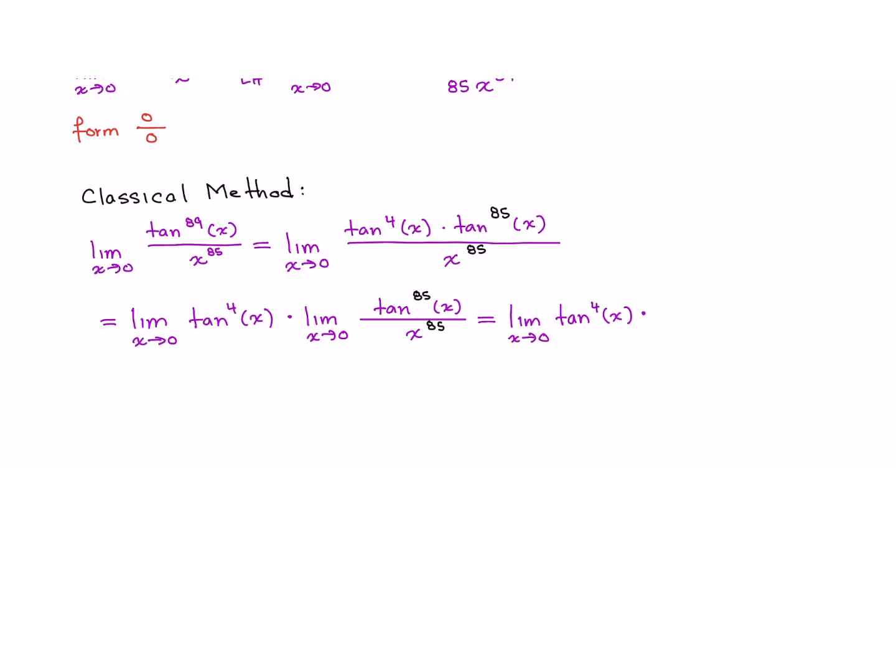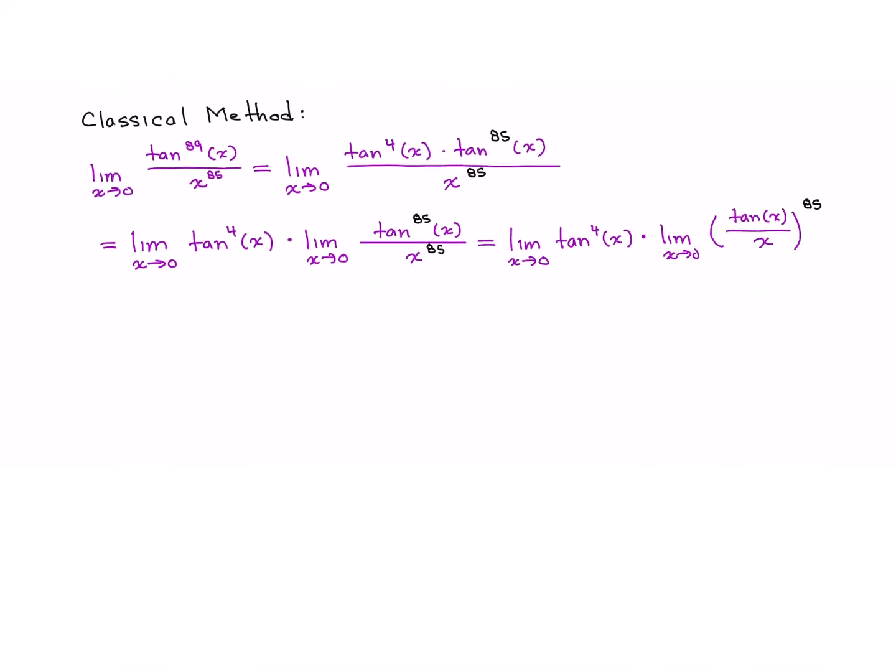All right, now that these exponents are the same, I'll do it in 2 steps so you can see it. We'll write this whole problem to the 85th. Alright, so now, I guess I'll go L'Hopital's rule on this problem just for fun, so you can see how we might have to do several manipulations to get it to a nice point.